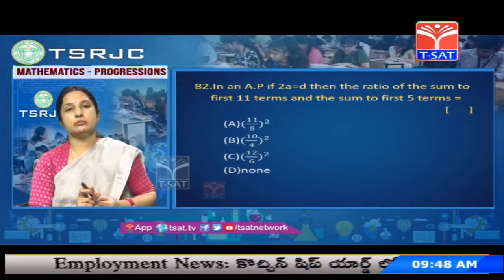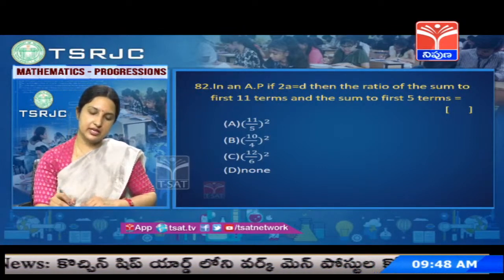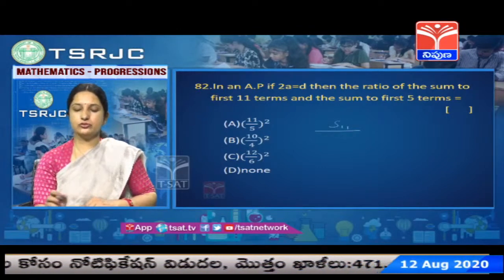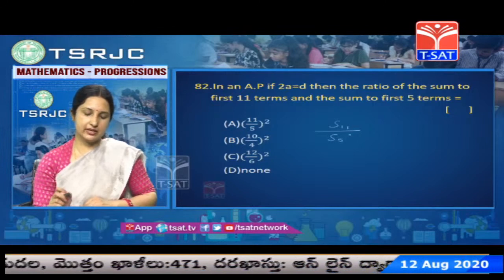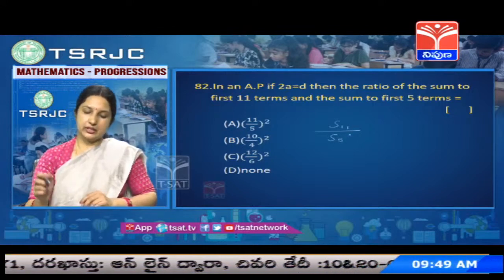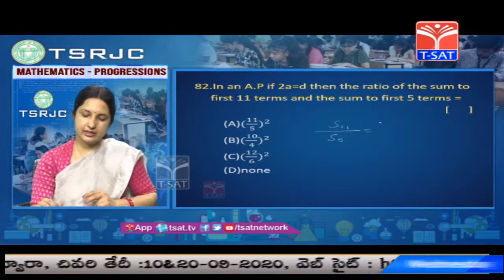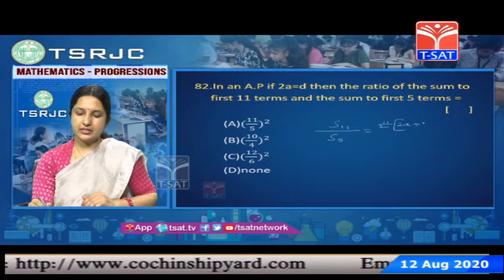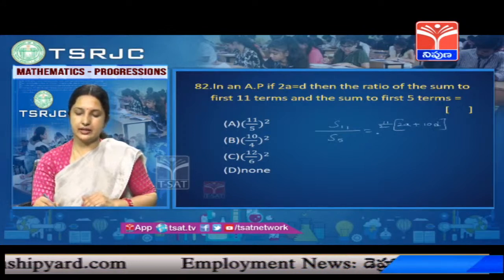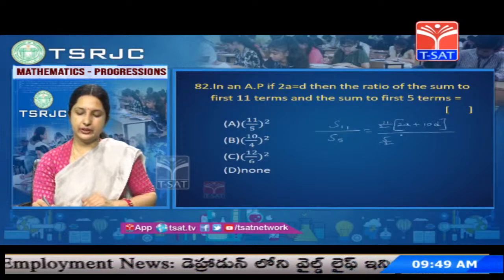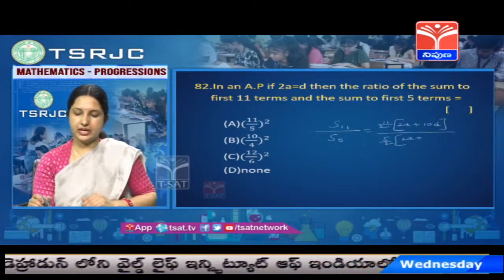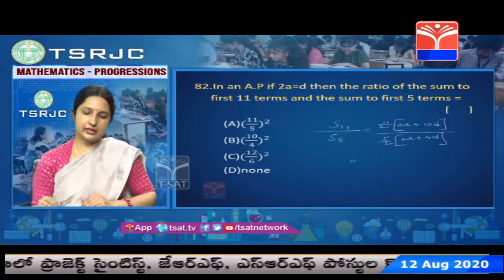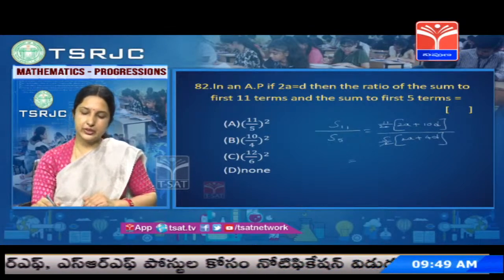The ratio of the sum to first 11 terms, S11, divided by the sum to first 5 terms, అంటే S5 అంట. ఓకే, S11 అంటే 11 by 2 into 2A plus 10D, by 5 by 2 into 2A plus n minus 1 into D, అంటే 4D. సో 2A అంటే ఎంత ఇచ్చారమ్మా ఇక్కడ? 2 2 gets cancelled.